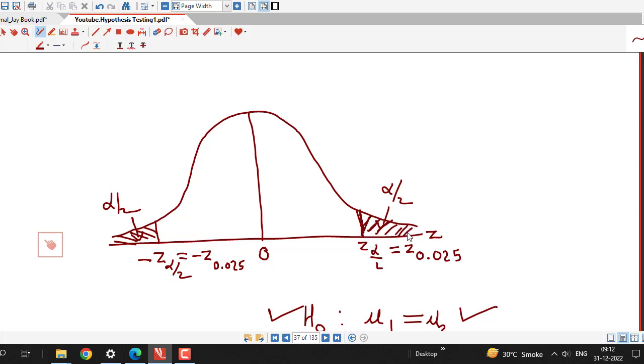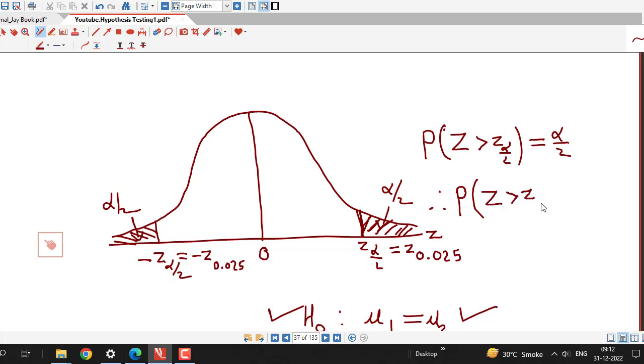This area is alpha by 2, that means the area to the right of this point z alpha by 2 is nothing but alpha by 2. So we have to decide the value of z alpha by 2. Alpha by 2 is 0.025.